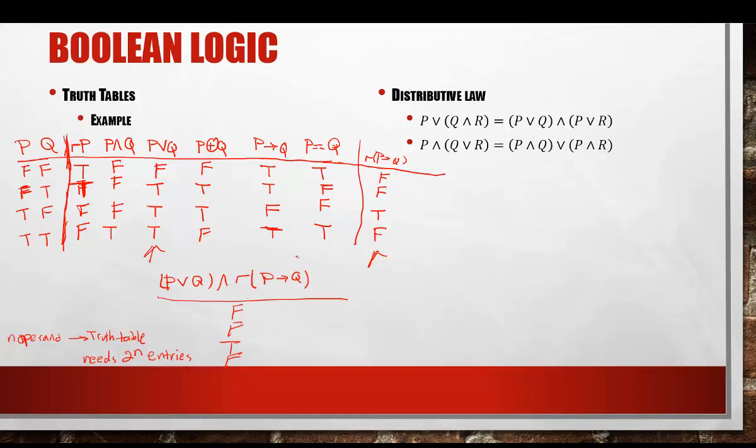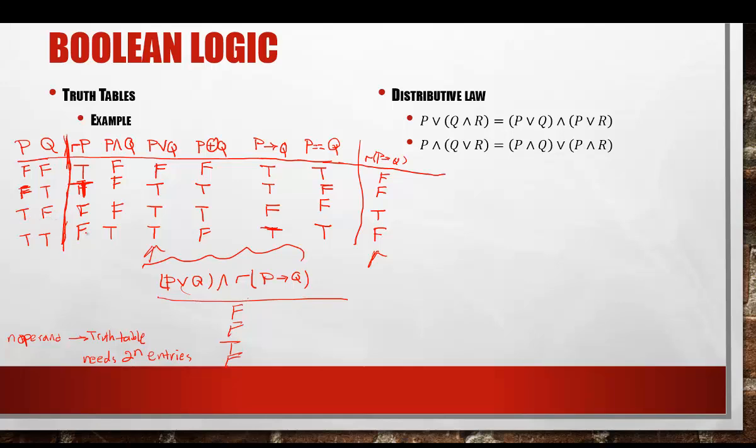So see, I could now use the truth table for just two elements to deduce the truth of P or Q and not P implies Q, which would give me this. So I would know that this statement is going to be true if P is true and Q is false.